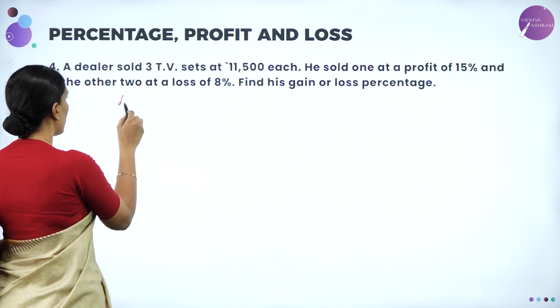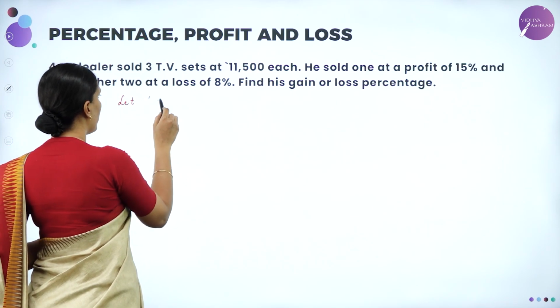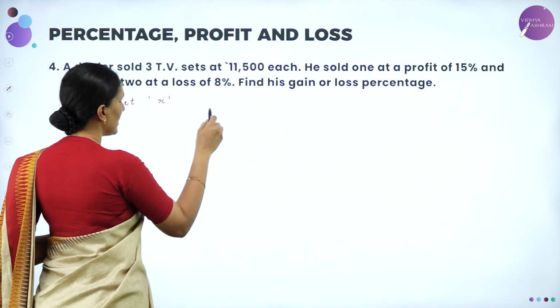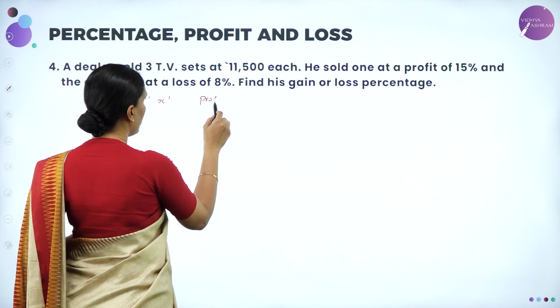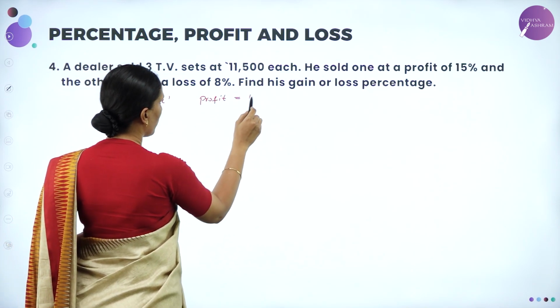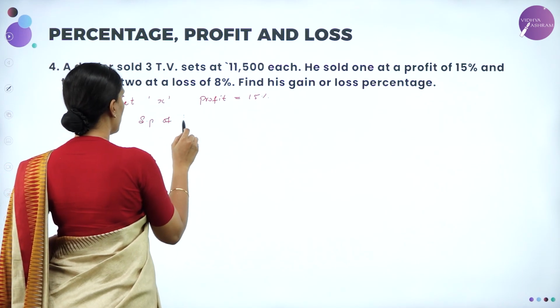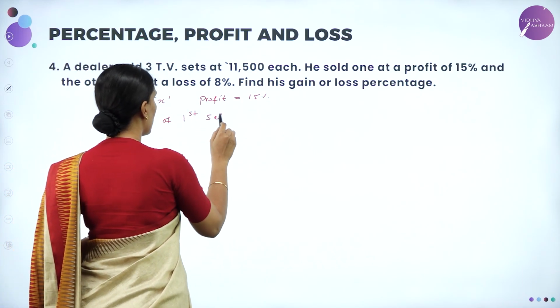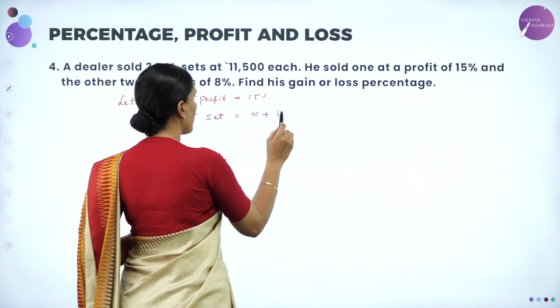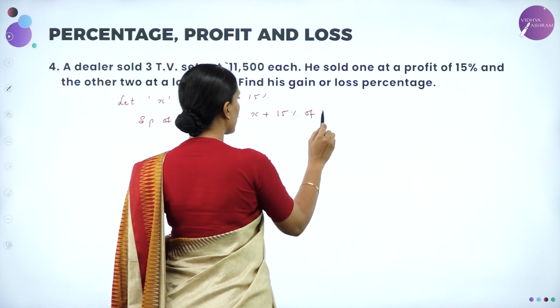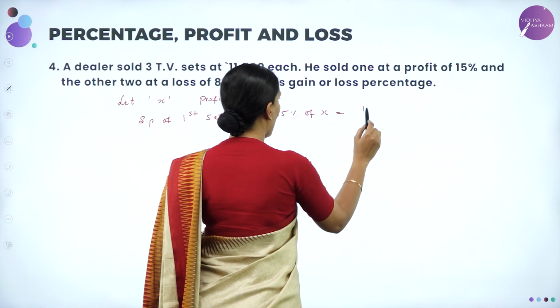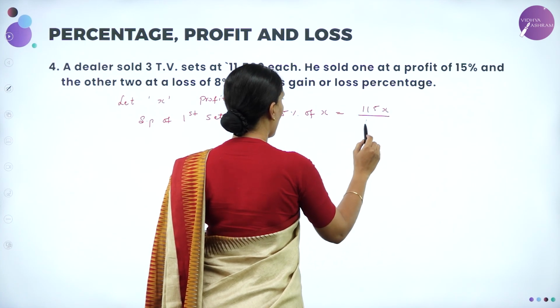So let the cost price of the first TV be x. Since the profit is given here, that is 15%, the selling price of first set is equal to x plus 15% of x. So that is equal to 115x by 100.